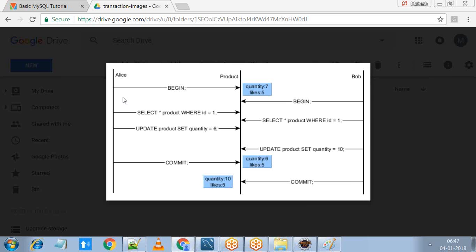After reading this data set, Alice's transaction first does an update. It is updating the quantity to 6.